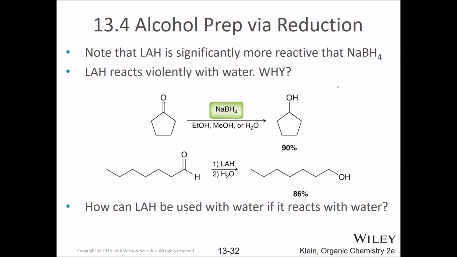All right, so note that this is not something you would know from looking at the mechanisms, but Klein tells us that lithium aluminum hydride is significantly more reactive than sodium borohydride. This, by the way, let me give you the other lithium aluminum hydride. Okay, it's the same thing here.